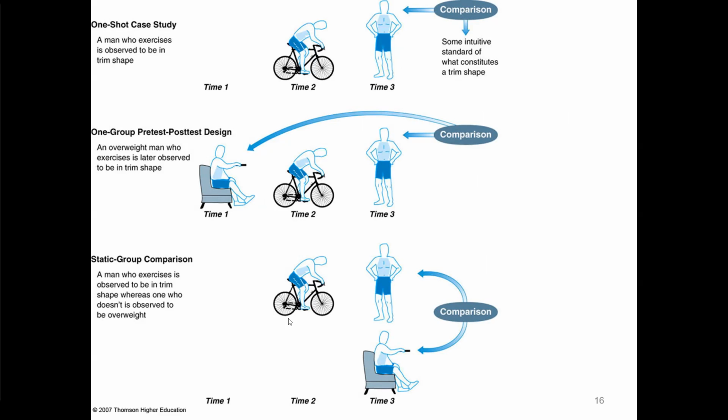So time 2 is the implementation of the stimulus where the exercise takes place. And a one group pre-test post-test would be to take a person who then exercises and observe what happens to them afterwards. In the static group comparison, you have the man who exercises is observed to be trim, whereas one who doesn't exercise is only tested at the end of it, only used for comparison at the end of the study.